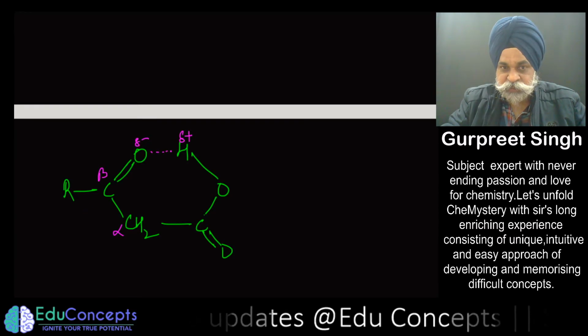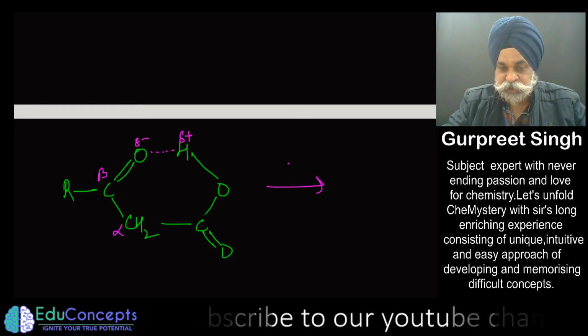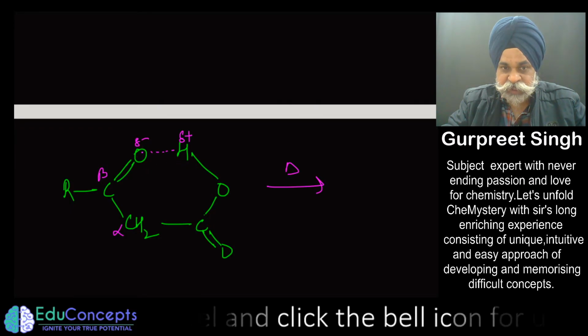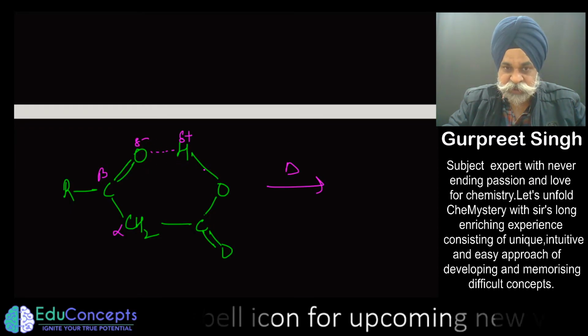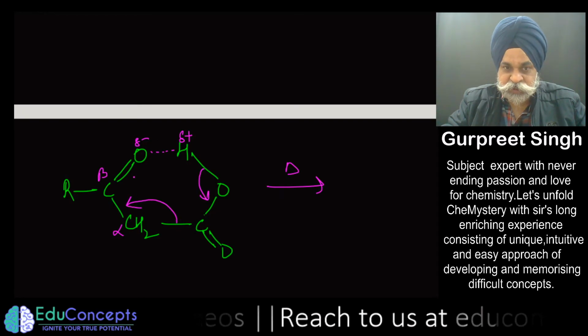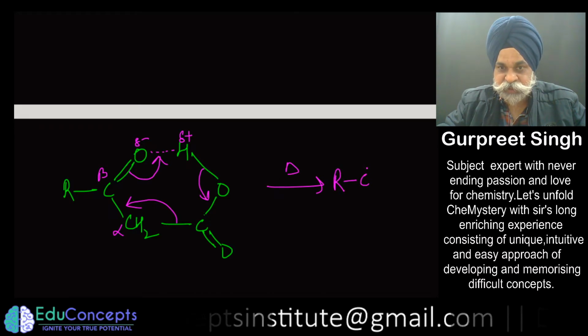You could see a six-membered cyclic transition state has been acquired. On heating, what would happen, this O negative would snatch this H positive. As a consequence, this goes here and this goes here and this goes here. Wow. So what has happened is this thing.